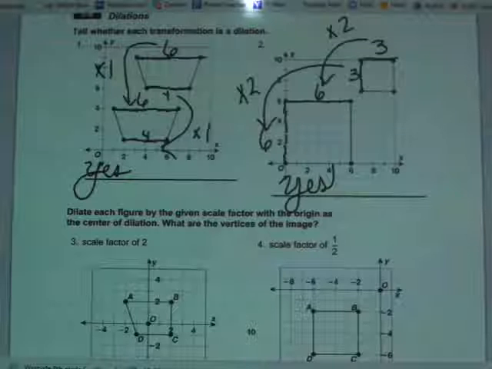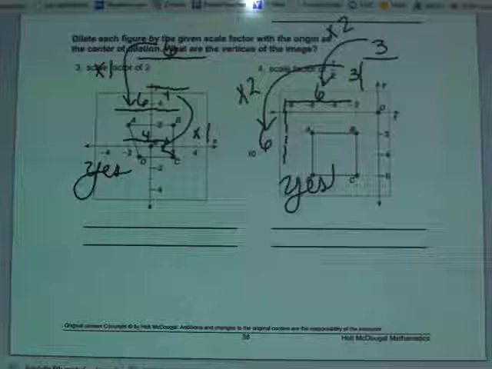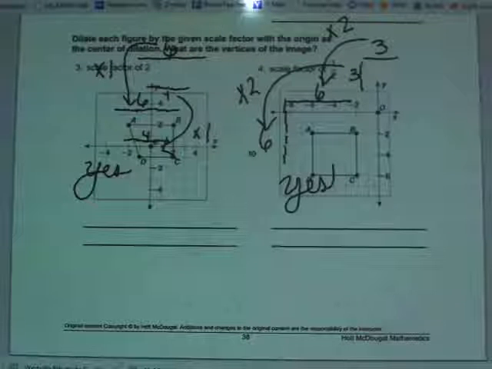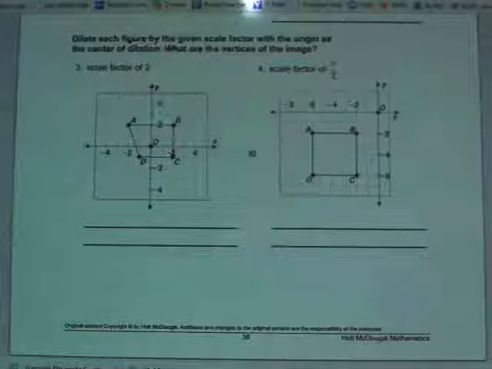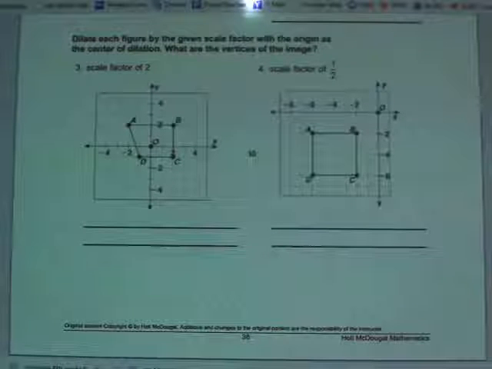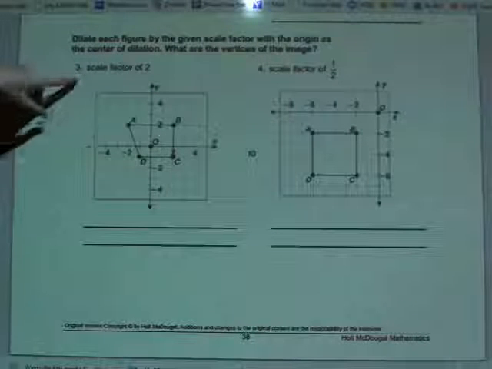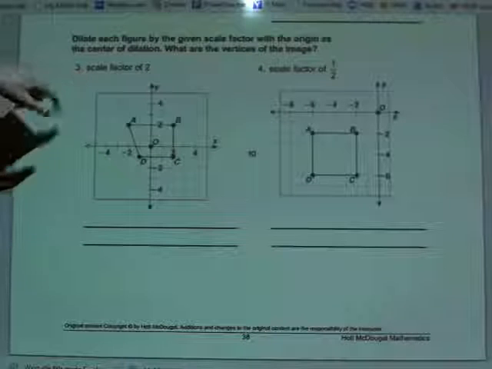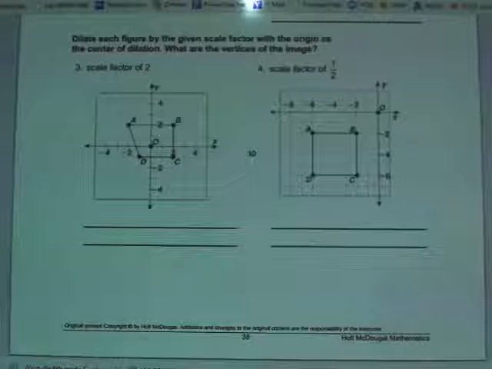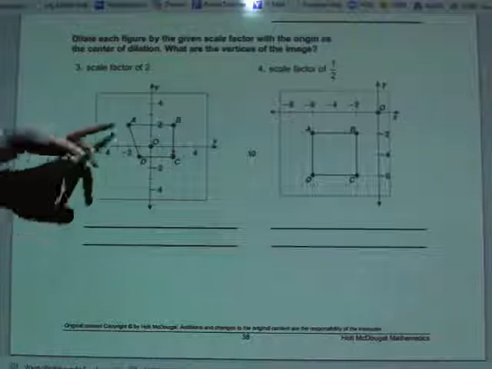All right, let's go ahead and take a look at number 3 there. Number 3 says to dilate each figure by the given scale factor with the origin as the center of dilation. What are the vertices of the image? So, the first one there is the trapezoid, and we're told to multiply it by a scale factor of 2. So remember, as we saw in the notes today here, what we want to do here is list the coordinates.